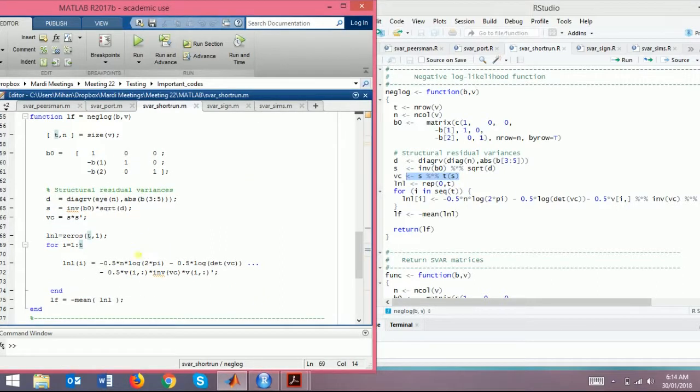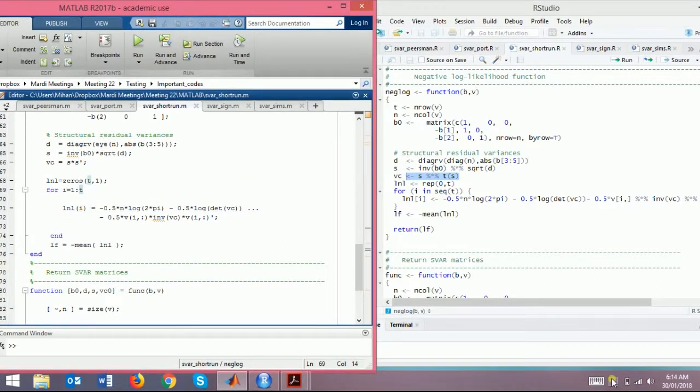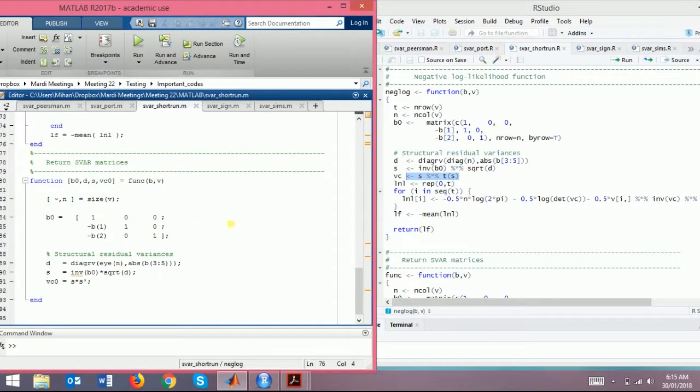Then comes our log likelihood function, and the log likelihood function here is 0.5 log twice pi, 0.5 log determinant of the omega, and 0.5 v transpose inverse of omega. We are familiar with this equation, so that's what we have done, 1 to t, and taken the negative log.